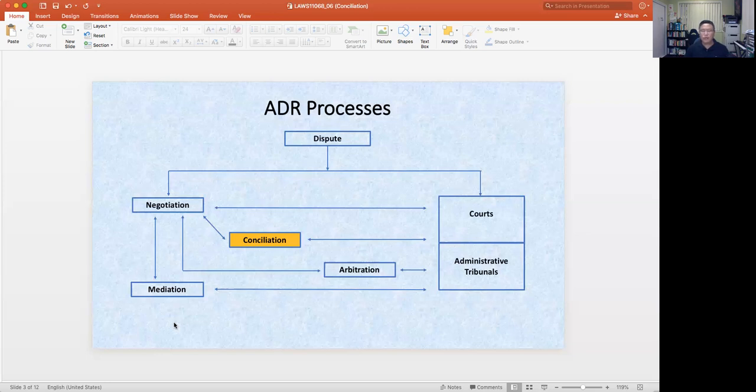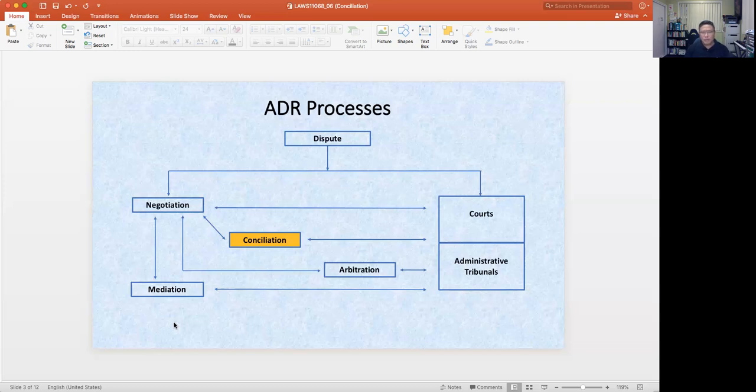What we learned before is known as interest-based negotiation, based on the book by Professor Roger Fisher and William Ury. So in a sense, we've now covered negotiation and mediation. And I'm going to explain as well later on how, as far as negotiation and mediation are concerned, it's a movement from facilitation to a more advisory role, to a more adjudicative approach. We're going to be looking at that as well.